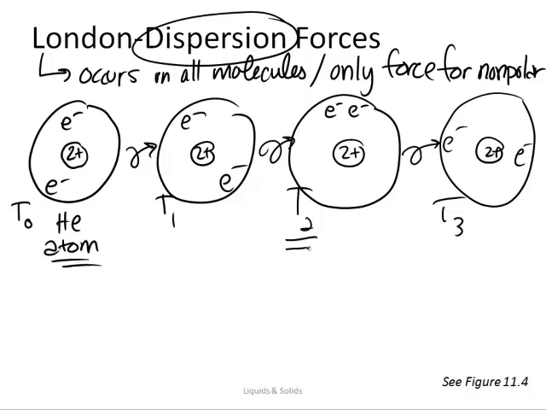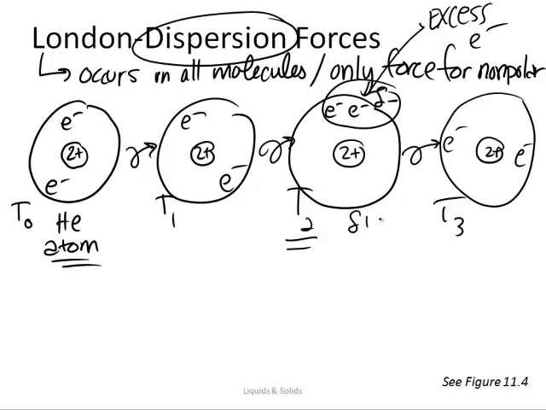But at t2, something very significant occurred. Because the electrons, because of sheer probability, were localized at one area, what that set up is a dipole moment, where we have a local excess of electrons, and then an absence of electrons to shield the nucleus over here, so there's going to be a partial positive charge.